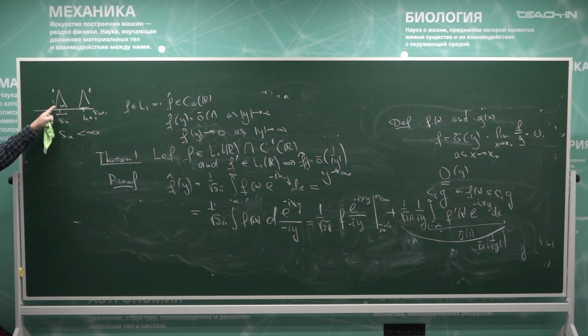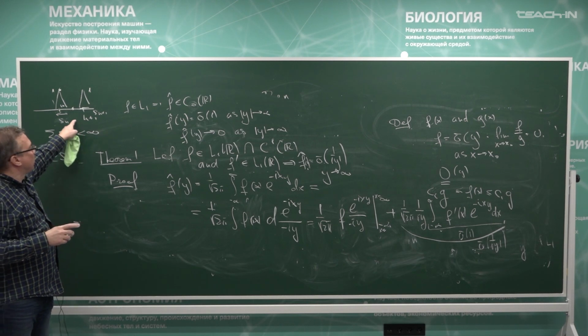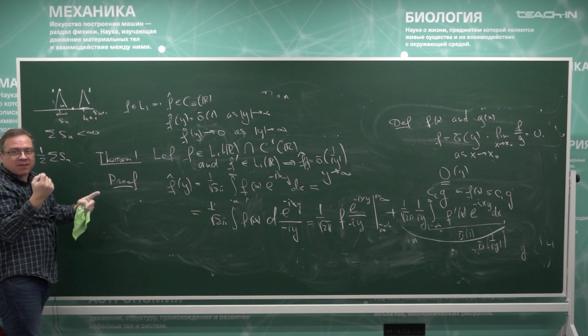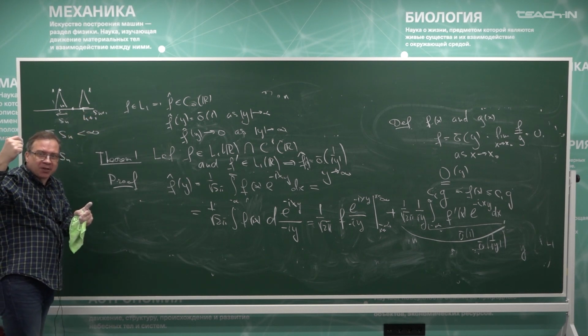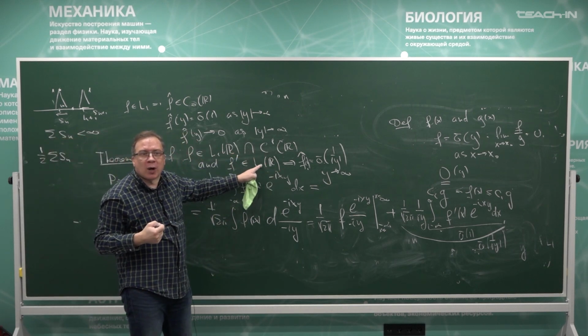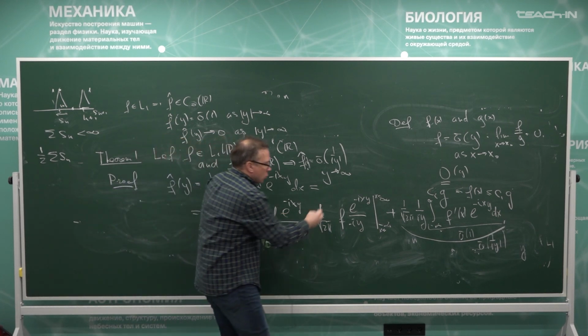But it has no limit at infinity, because this point is 1 and this point is 0. What is bad with this function? If you take the intervals smaller and smaller, the derivative increases. But here we have the property that our derivative belongs to L1, so the derivative is bounded in that sense.